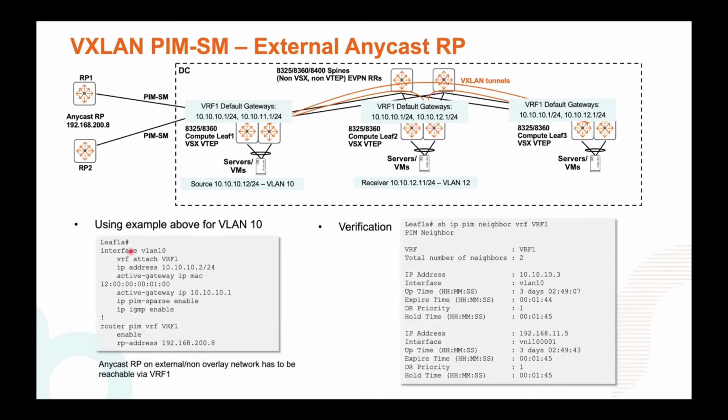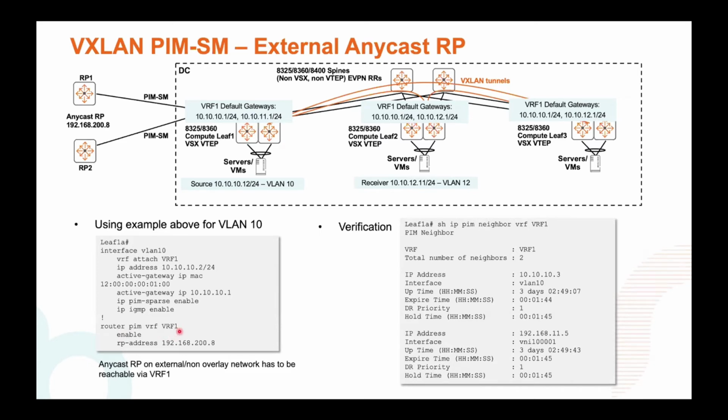On VLAN 10, you can see here, I have the active gateway and also the physical IP. That will support the same IP in future once you release it. You configure the RP at the VRF for router PIM.